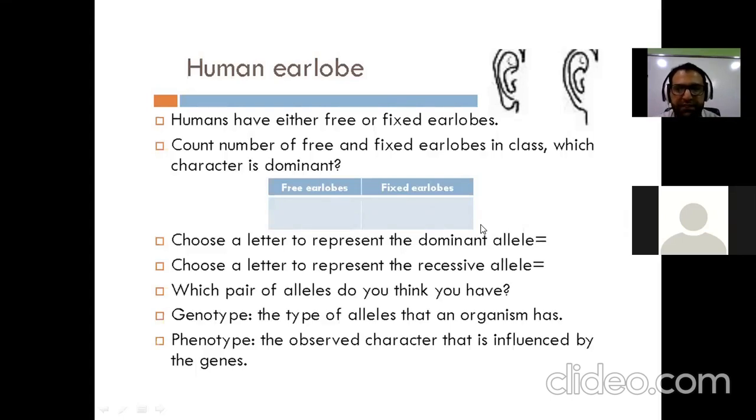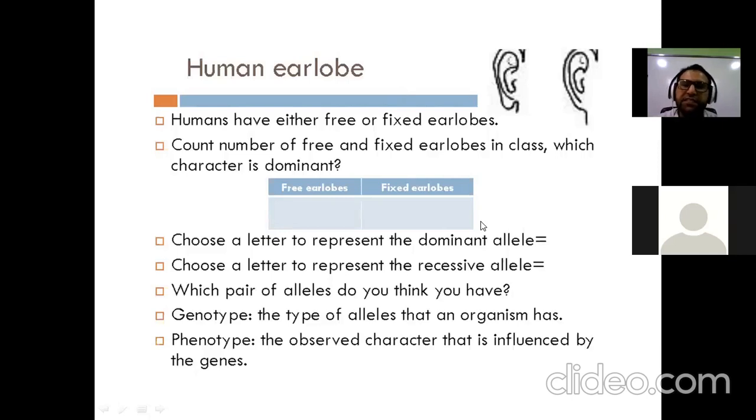Any other have, please? Give me reply. Most of you having free, right? Who having fixed? Check. So it means up to now we have only one fixed, right?